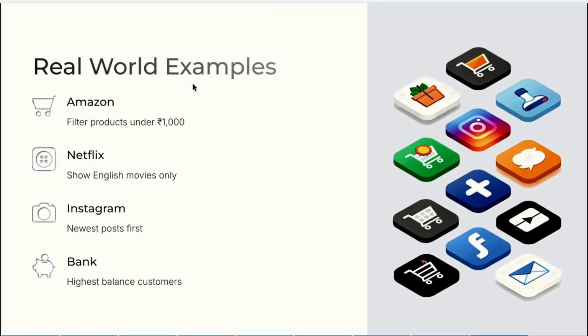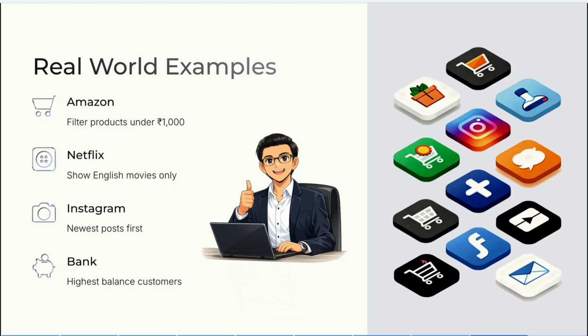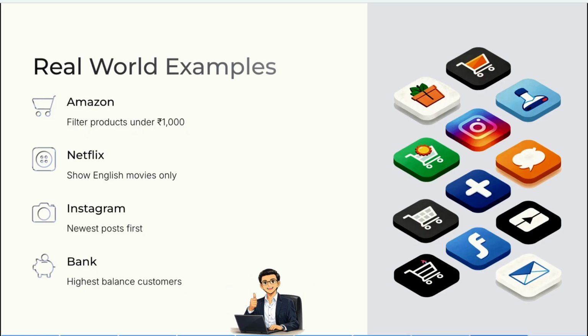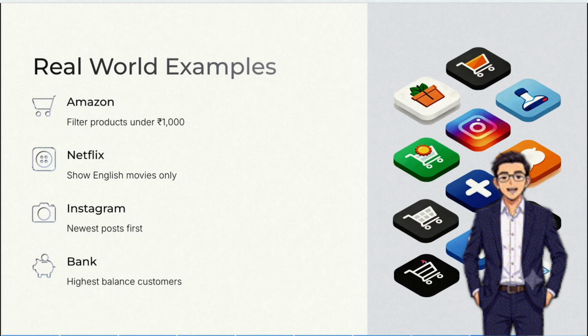Some real world examples: in Amazon, if you are checking some product like a bag, you add the filter that the price should be less than 1000. So this is the WHERE clause, you have added WHERE price is less than 1000. In Netflix, you add the filter to show only English language, so you set WHERE language is equal to English.